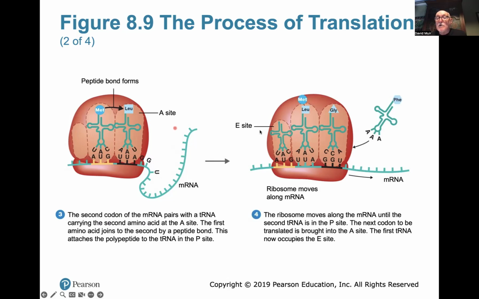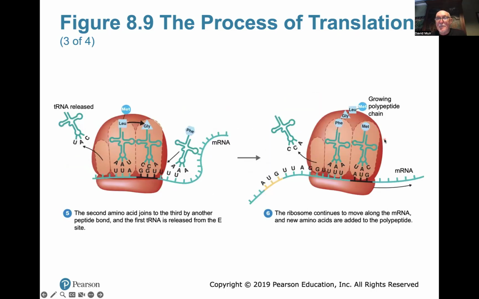This gets kicked out, and the ribosome will move to put the empty one in here, leaving it at the empty A site again. And this is the next one that's going to be brought in. And I can tell you, of course, that the next codon is U, because this is phenylalanine, and its anticodon is AAA. This is just going to go on and on and on.